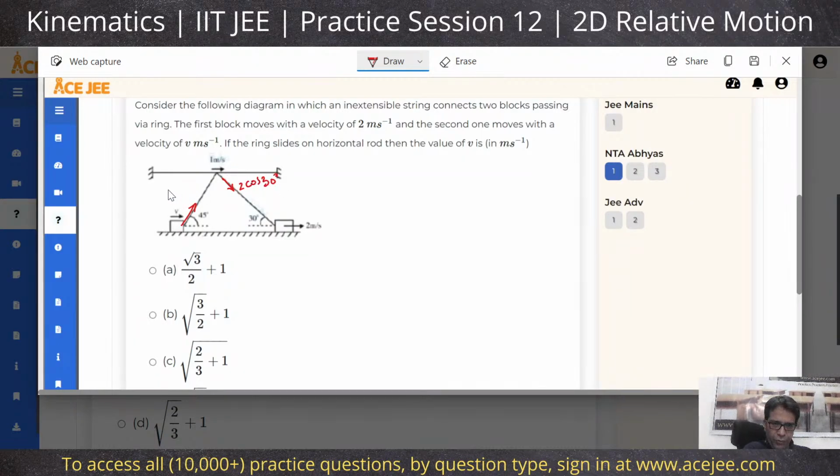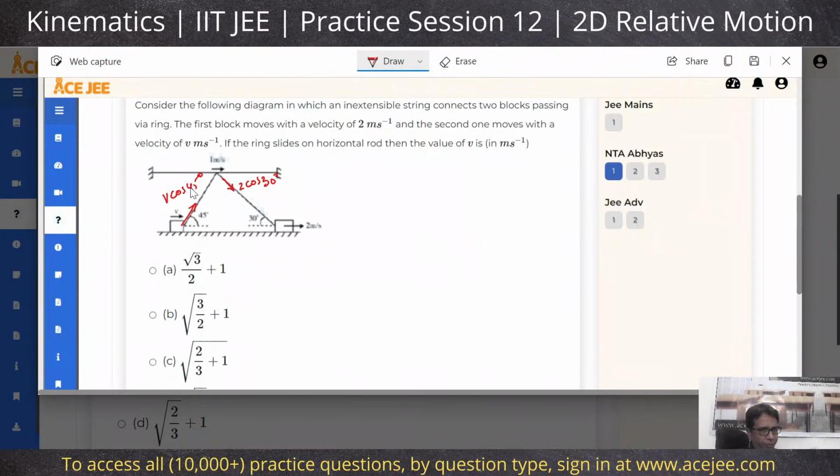And this one was V cos 45. Yes, beta. From here, what did you do? So I took out the components of the 1 meter per second as well. One cos 30 in the direction of the string and one cos 45 in the direction of the other string. So I subtracted the two and then I equated it.